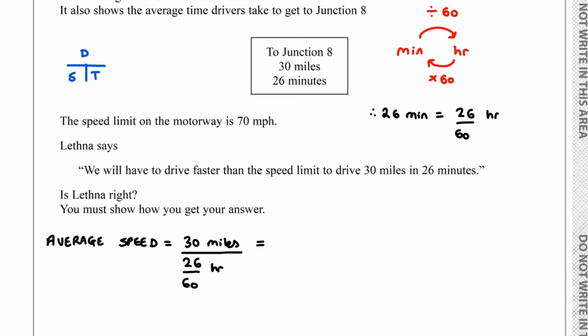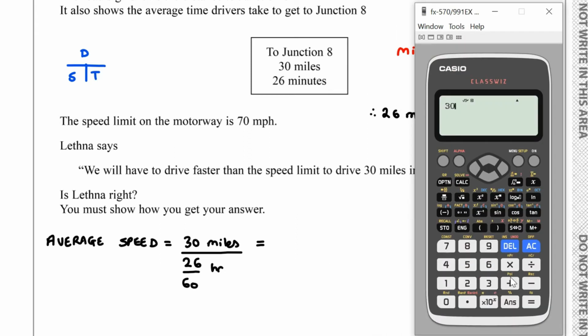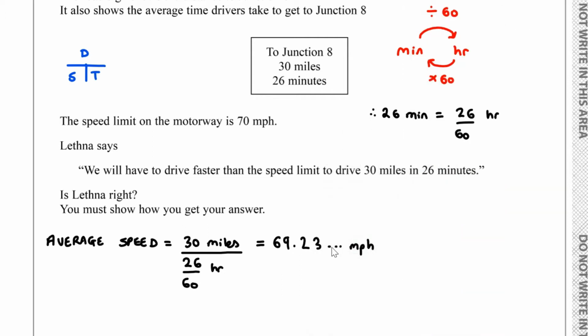So if we work this out, 30 divided by 26 over 60, this is 69.23 etc. miles per hour. And of course, this is less than the speed limit of the motorway, 70 miles per hour, and therefore we can conclude Lethner is incorrect.